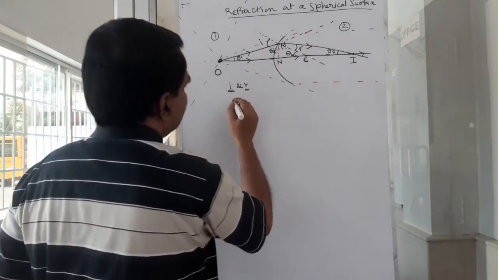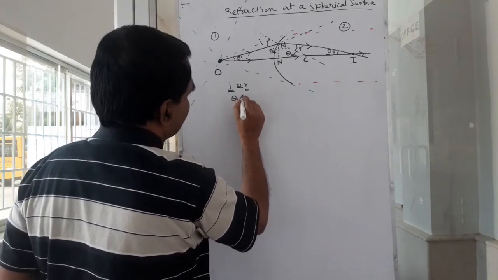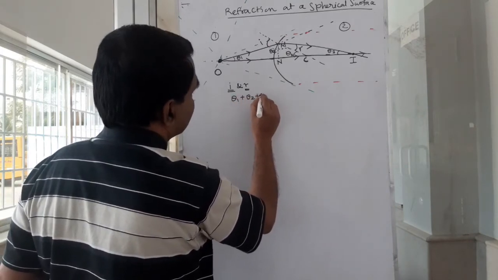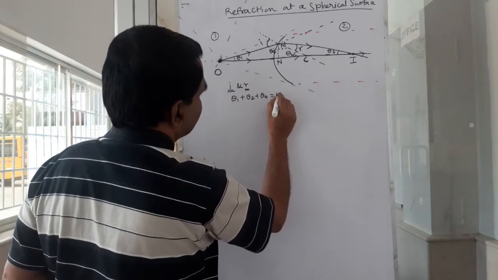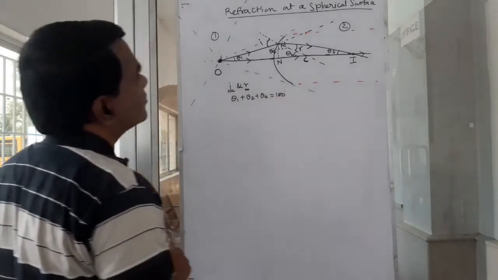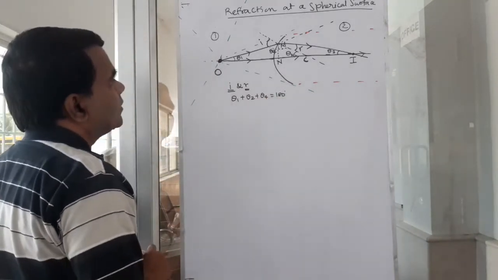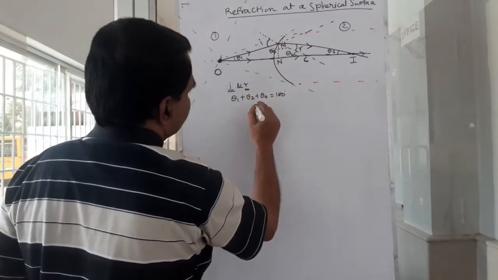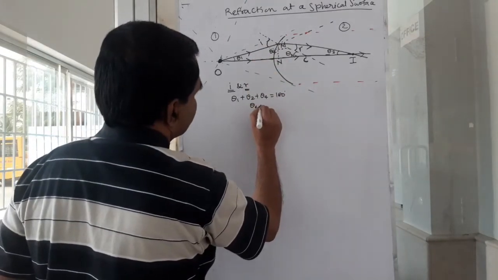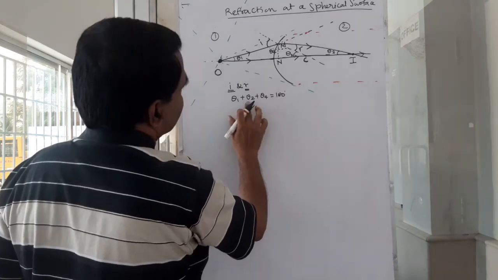So I know that theta 1 plus theta 2 plus theta 4 is equal to 180 degrees. But what is theta 4?